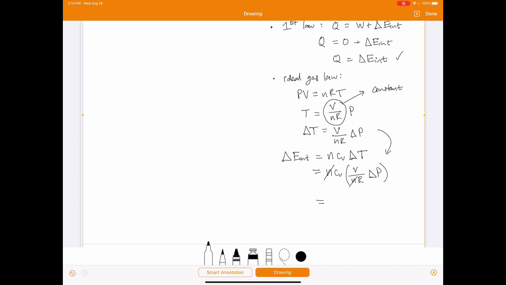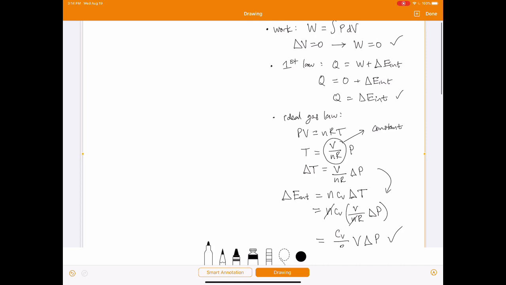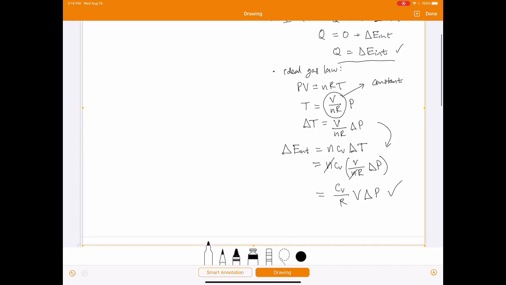And what we'll be left with is CV divided by R times volume, and again, the volume is constant, times delta P. So what we've just worked out is the work, the heat, and the internal energy change in a constant volume process, and everything is expressed in terms of pressure and volume changes.